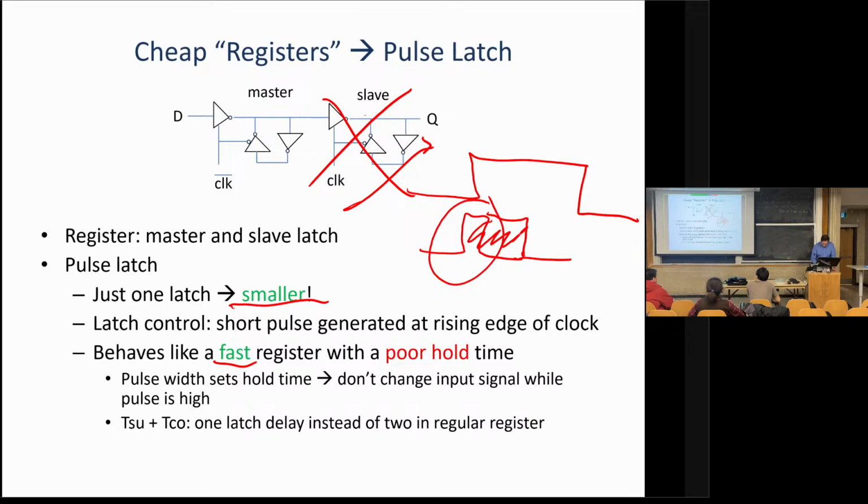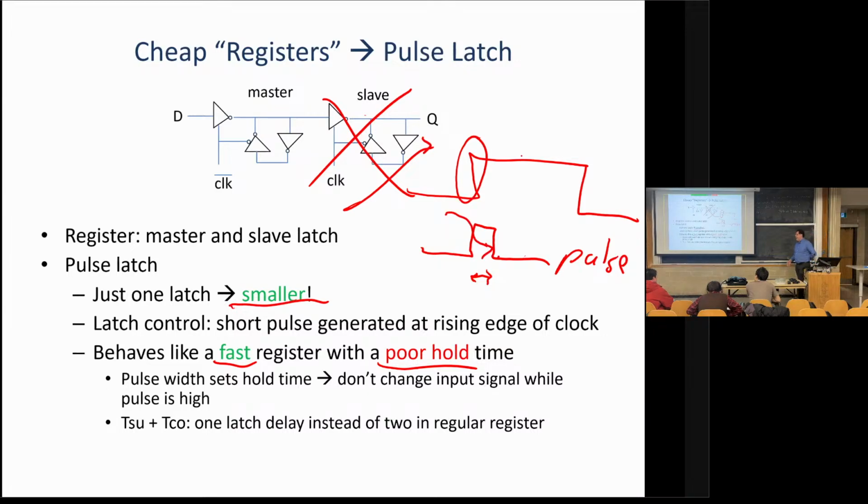There is a cost. There's a hold time. So let's go back to a narrow pulse. Let's forget about time borrowing for now. I make this pulse. Hold time is I'm not allowed to change the data basically during this sampling window. So I can't have a path. I don't want some other register that got activated by this same clock edge to have its data propagate here before this latch goes opaque, because that would be a hold time violation.